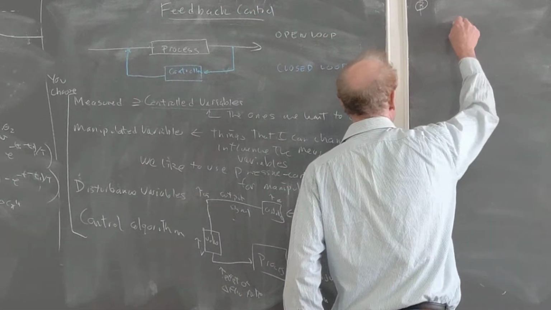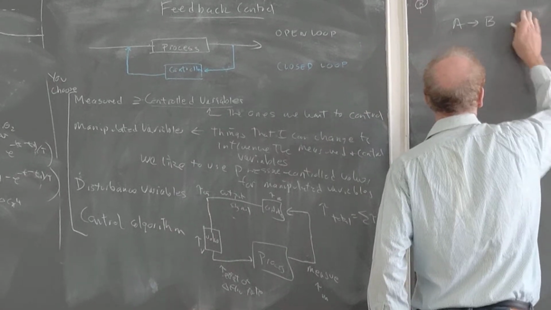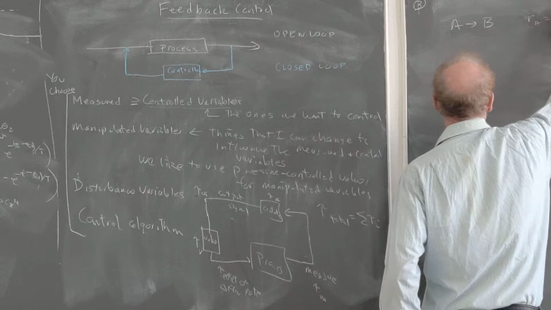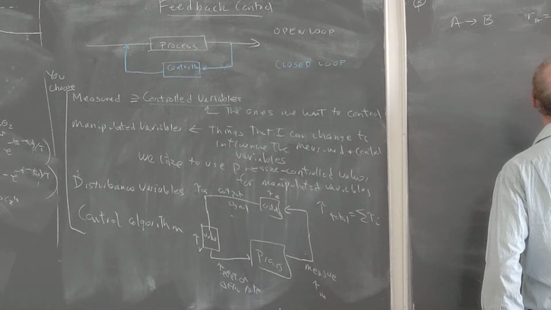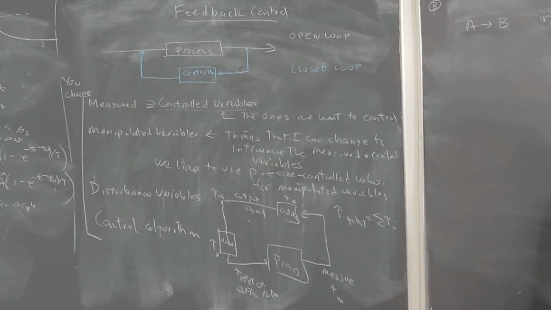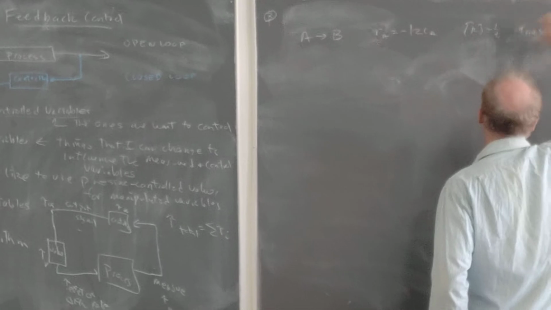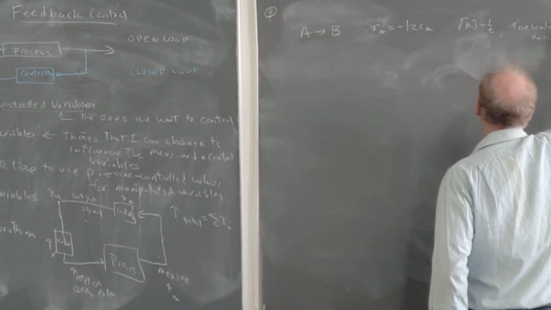Okay, if I have A goes to product, so I have RA equals minus kCa. The units of k are 1 over time, so the time scale of the reaction is 1 over k.